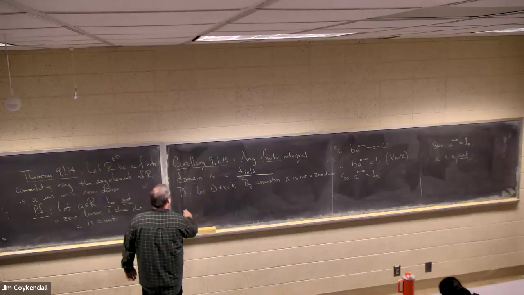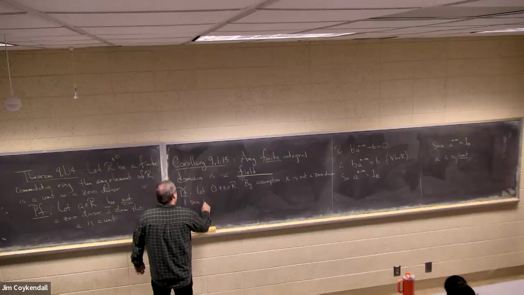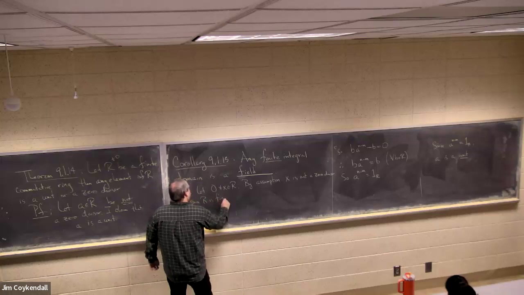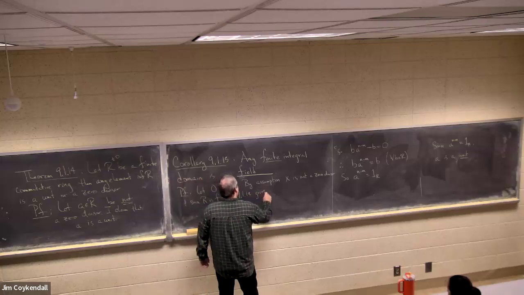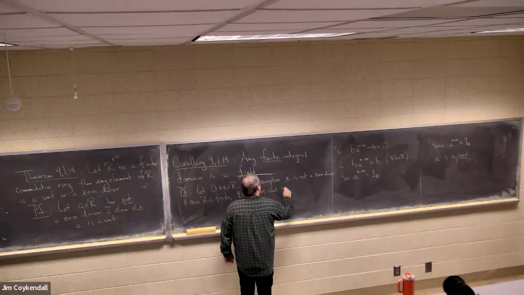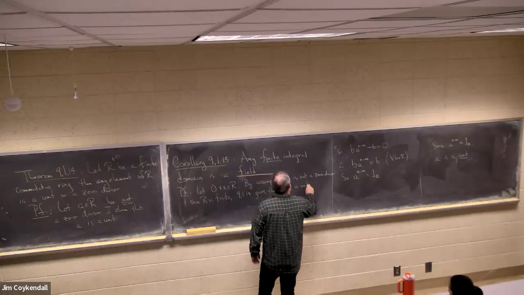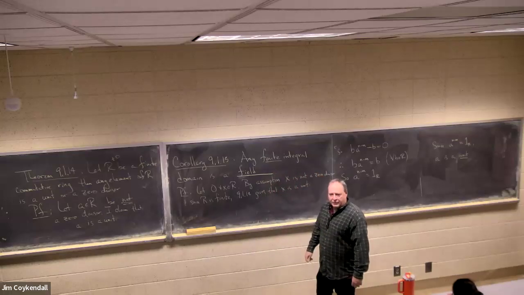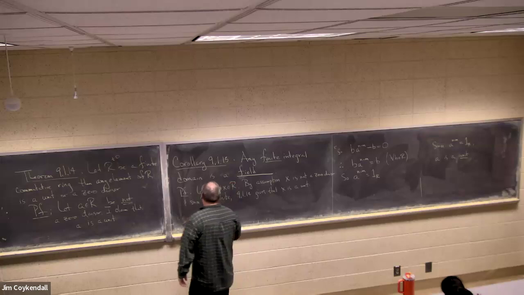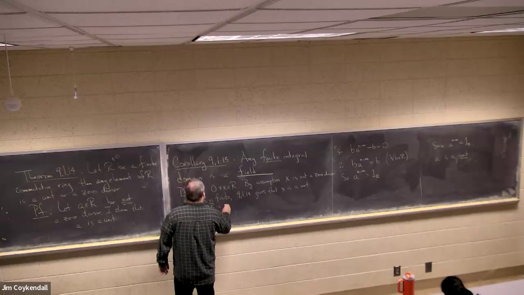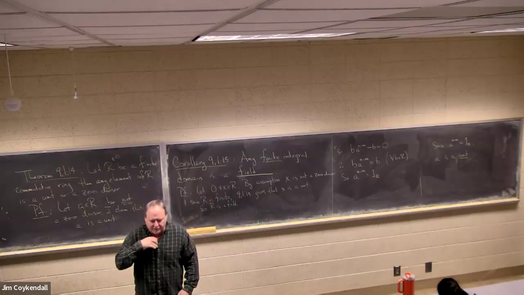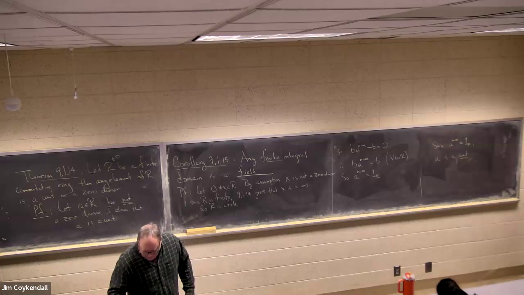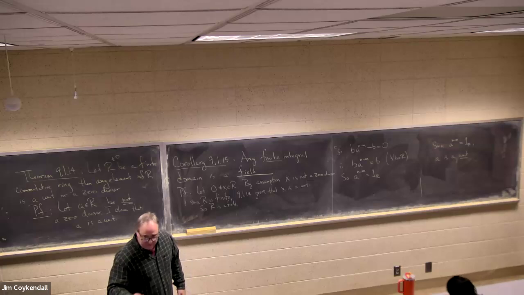And since R is finite, 9.14 says that X is a unit. So what we've shown is any non-zero element is a unit. So R is a field. Okay. Any questions on that?